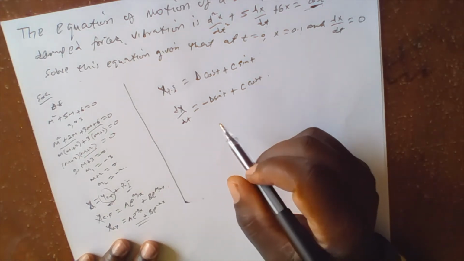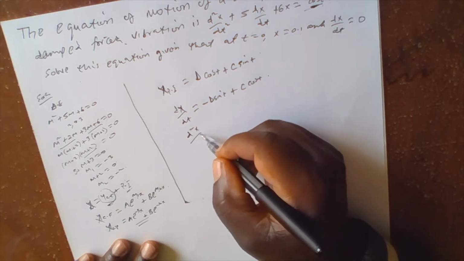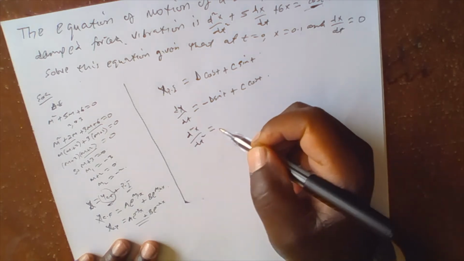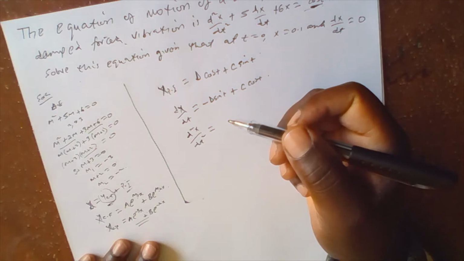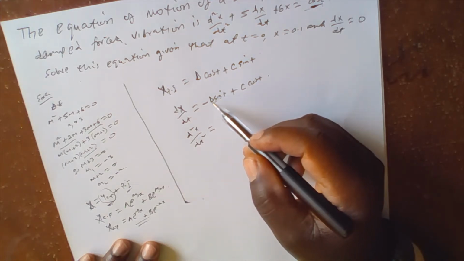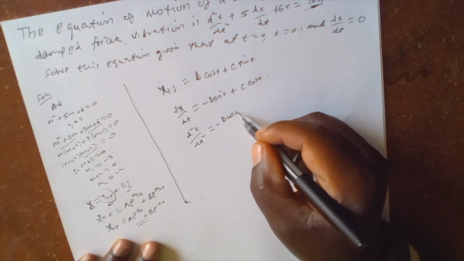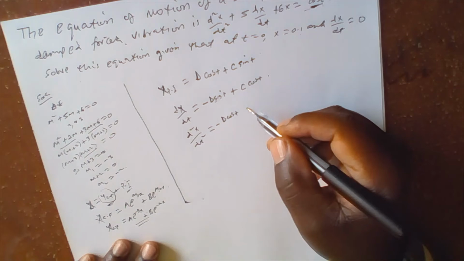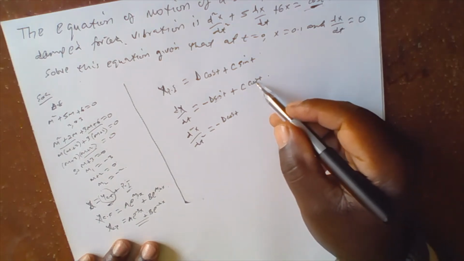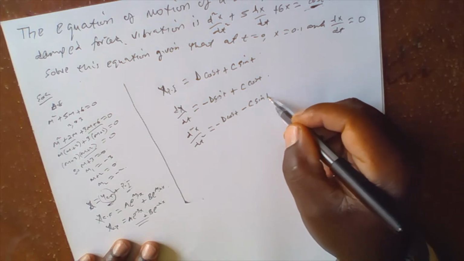Then we differentiate for the second time. d²x/dt² will be equal to, when you differentiate sine, you get cos, so it will be -d cos t. Then when you differentiate cos, you get negative sine, so it will be -c sin t.